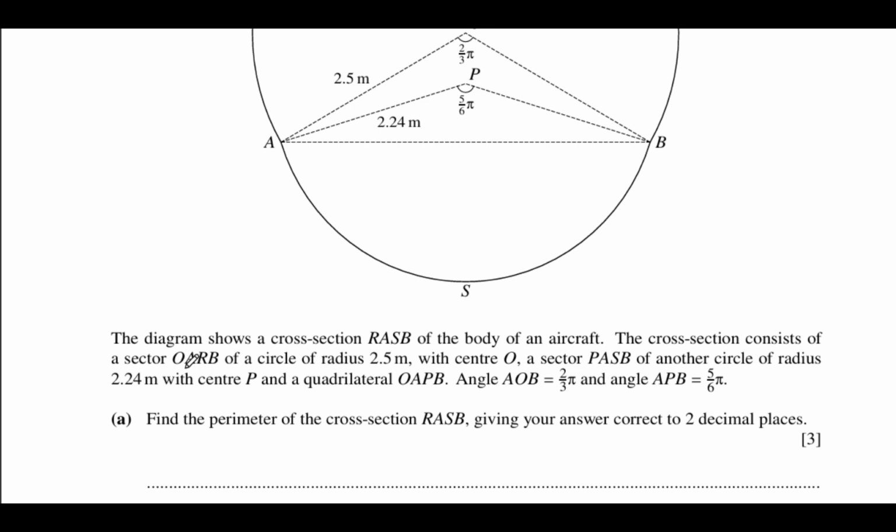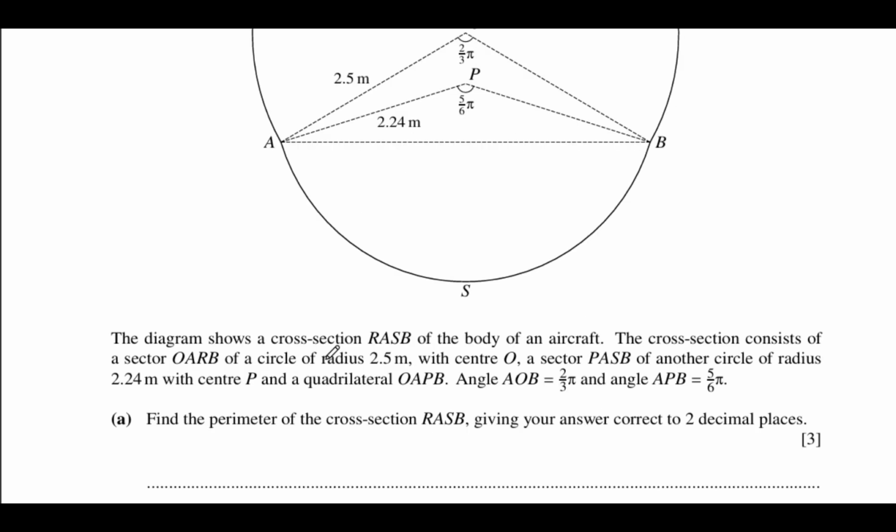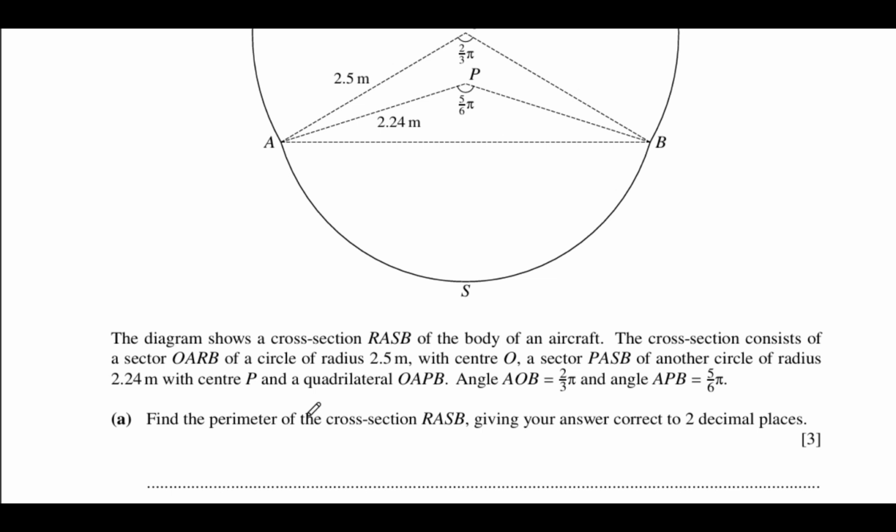The cross section consists of a sector OARB of a circle of radius 2.5 meter with center O, a sector PASB of another circle of radius 2.24 meter with center P, and quadrilateral OAPB. Angle AOB is equal to 2 by 3 pi, and angle APB is equal to 5 over 6 pi. Now the question is: find the perimeter of cross section RASB, giving your answer to two decimal places.